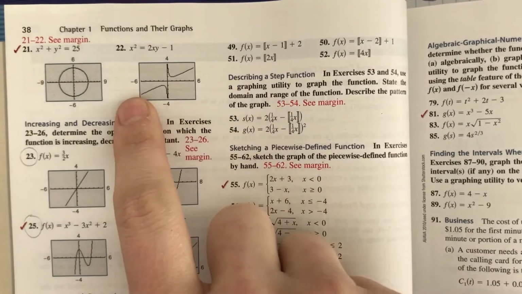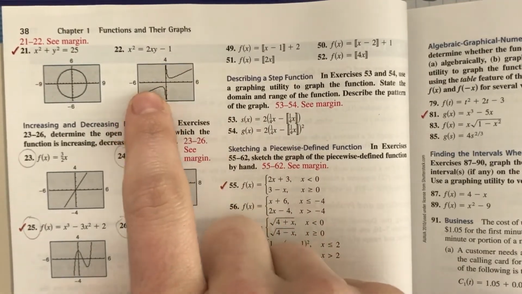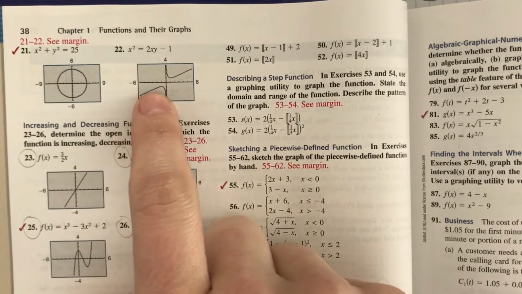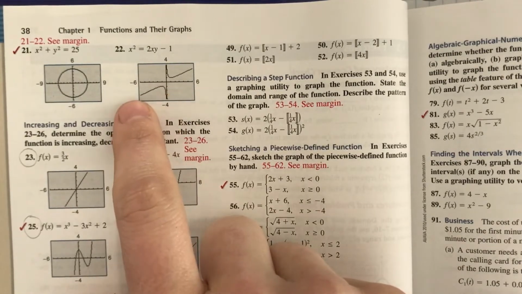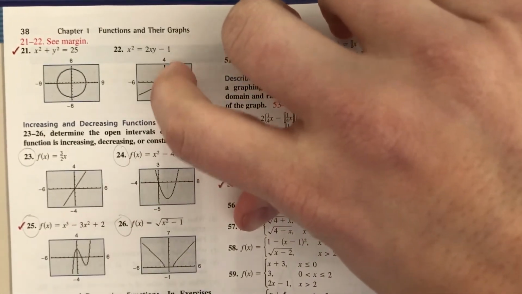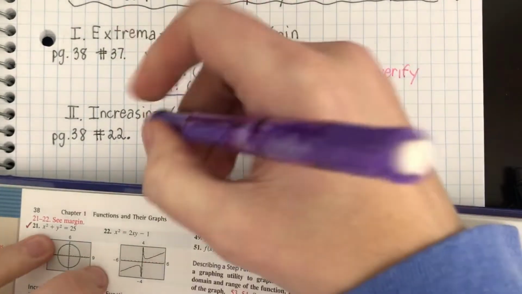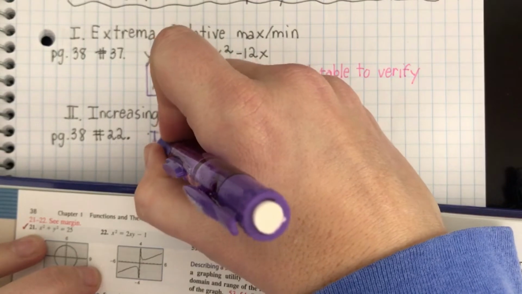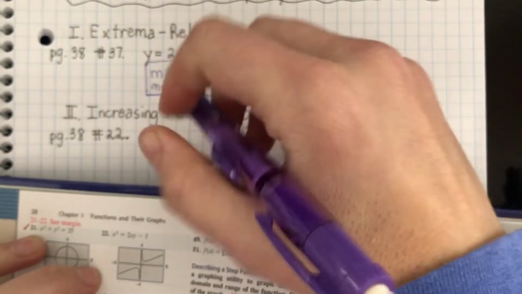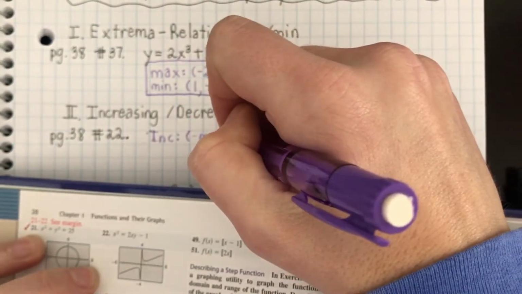Okay, so I want the intervals for which this graph is increasing. So if I scroll left to right, my graph is increasing from negative infinity all the way to negative 1. So I'm increasing from negative infinity to negative 1.